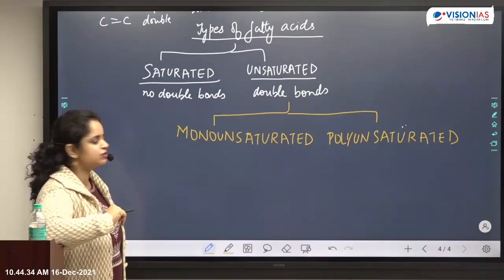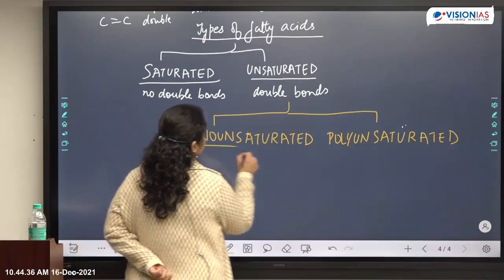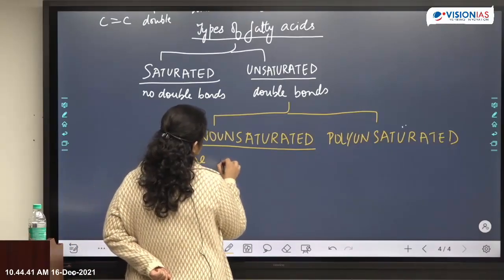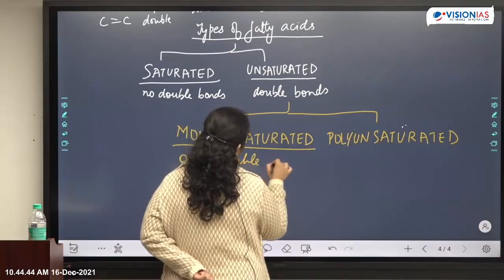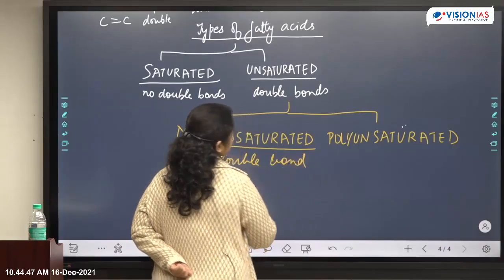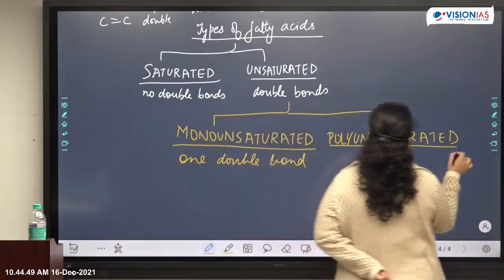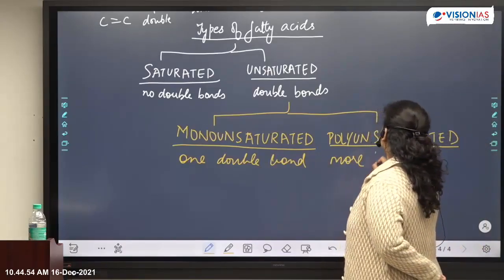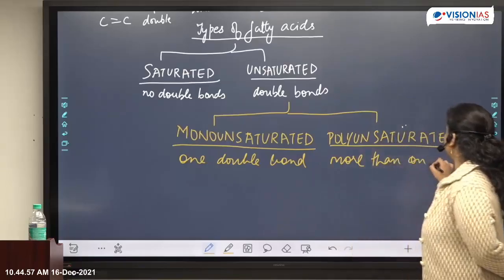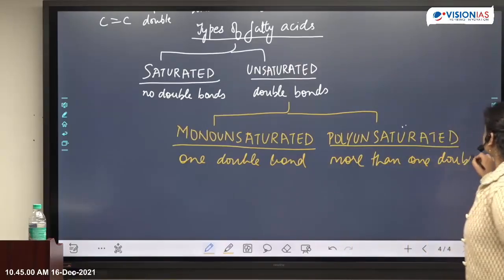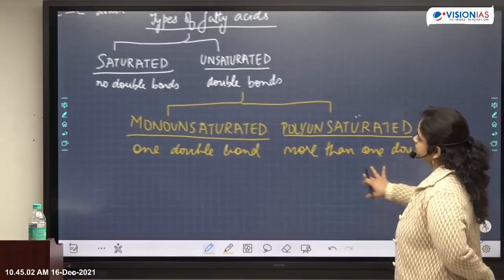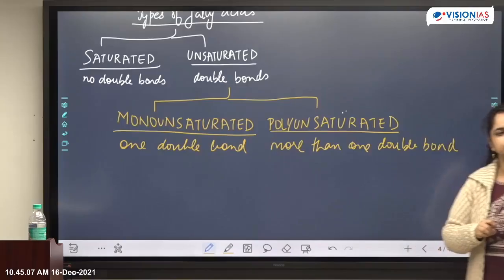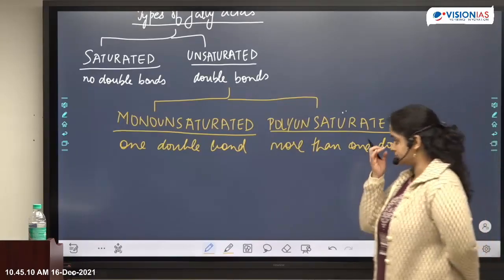By their names you should get some sense. Monounsaturated means this fatty acid has one double bond, and polyunsaturated means we have more than one double bond. Just copy this.